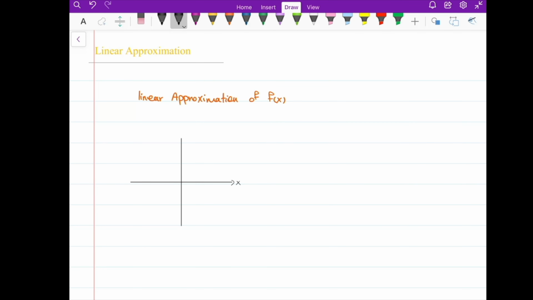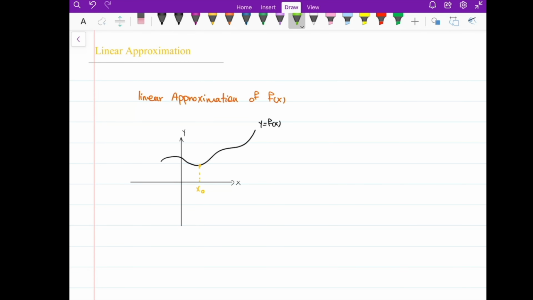So I have x-axis, y-axis, and I have a function y equals f of x at a point x naught.